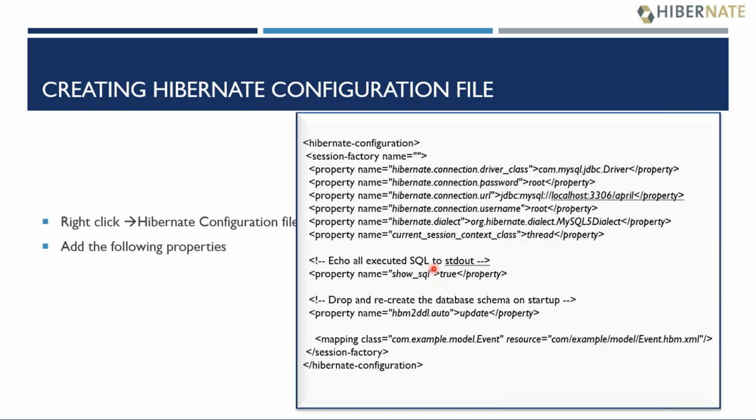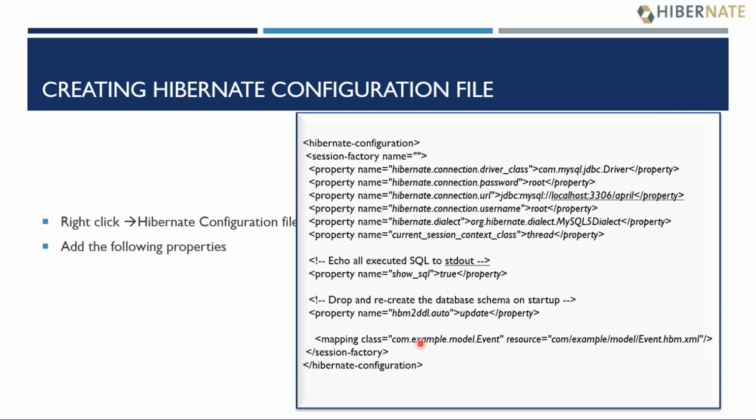Show SQL is equal to true: the underlying statements that are being executed by the Hibernate framework should be printed onto the console. And hbm2ddl.auto: you have got 4 options over here. We are using update. We will discuss this. Drop and recreate the database schema on startup, or update.